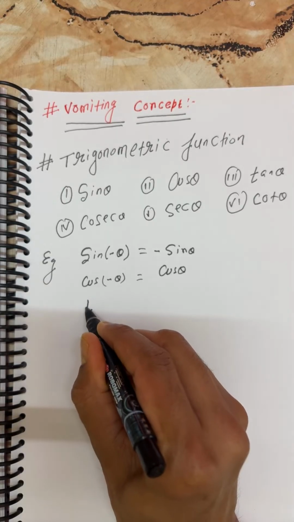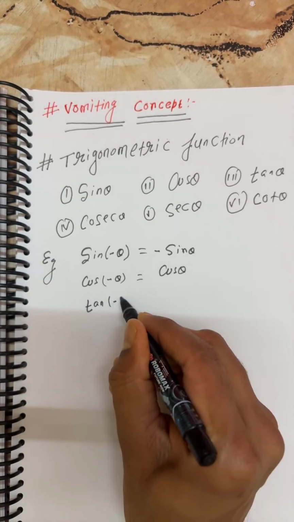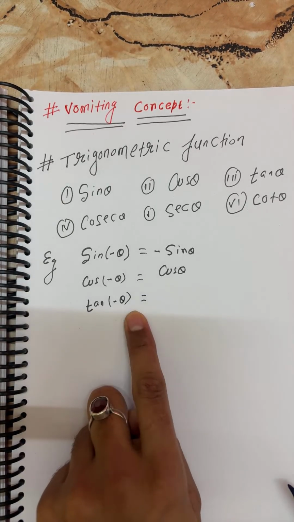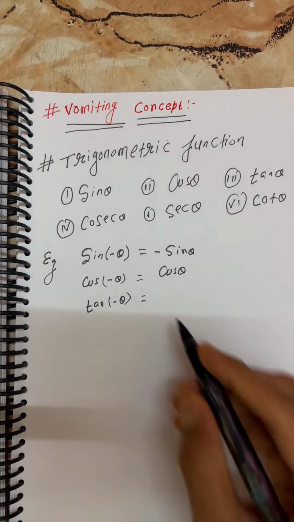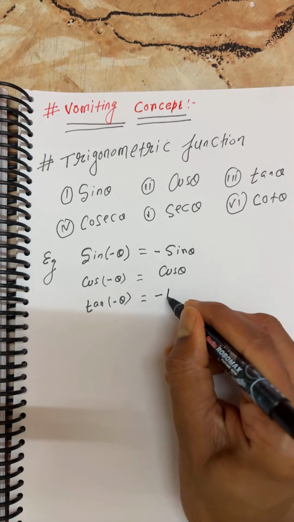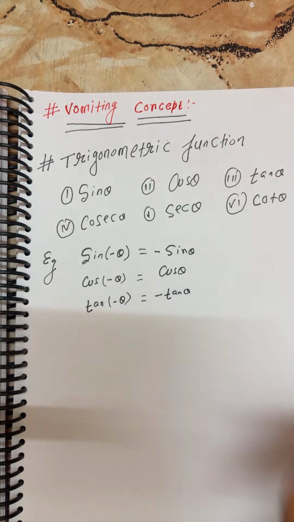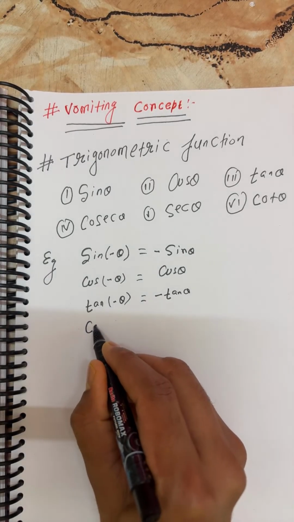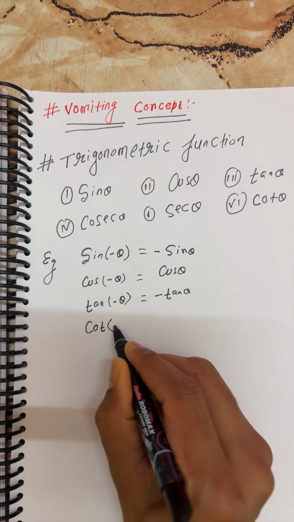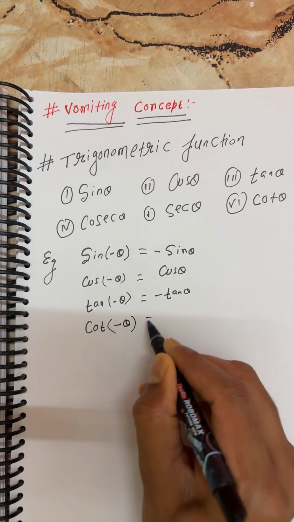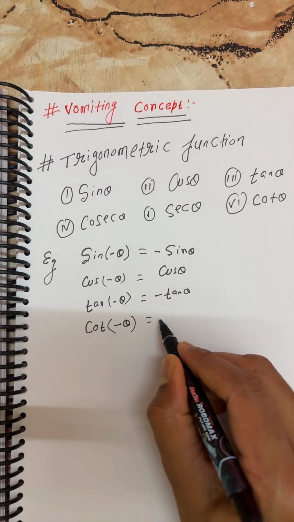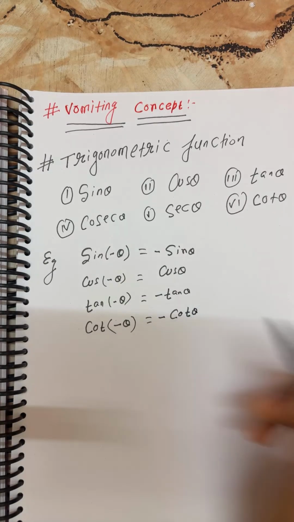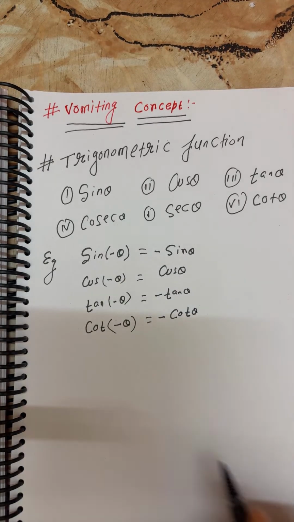Next, tan of minus theta. The tan function will do vomiting, so the minus will come out: minus tan theta. Next, cot of minus theta; this function will also do vomiting, so it is minus cot theta.